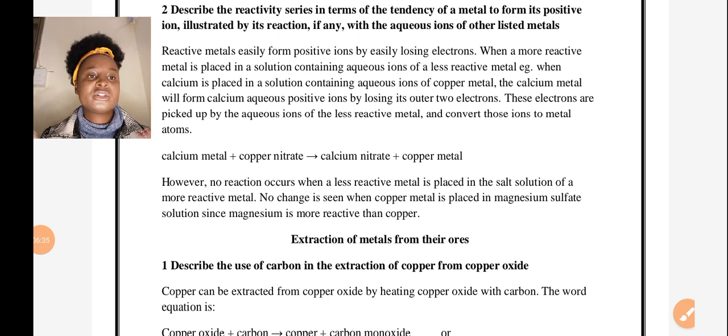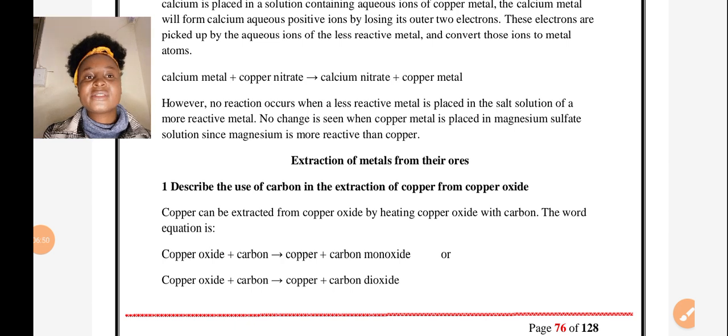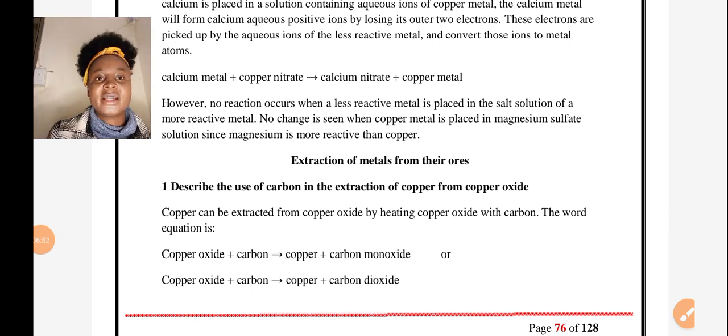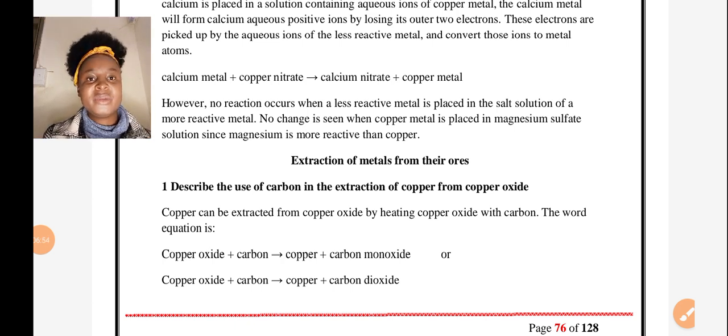These electrons are picked up by the aqueous ions of the less reactive metal and convert those ions to metal atoms again. So what do we mean? Calcium metal plus copper nitrate, we get calcium nitrate and copper metal. Copper has been displaced from its compound. We've taken the belt away from copper and given it to calcium, right?